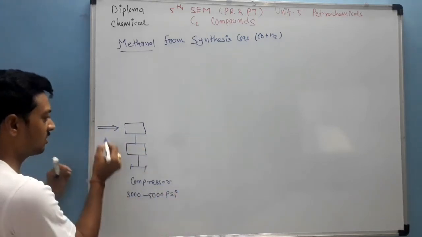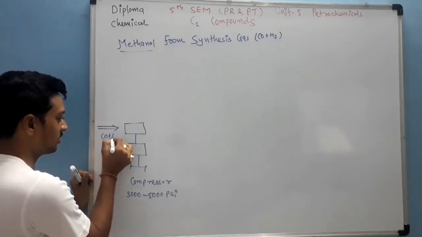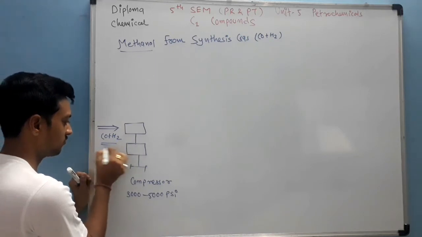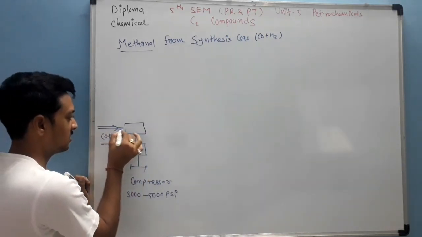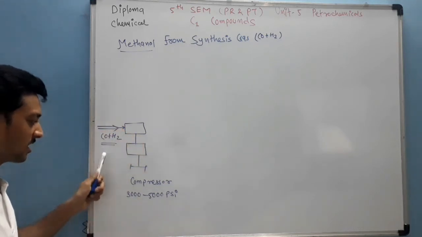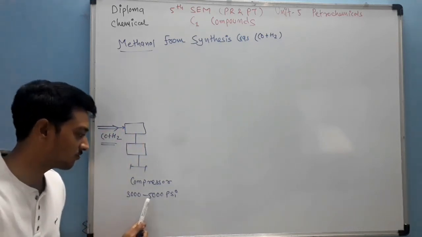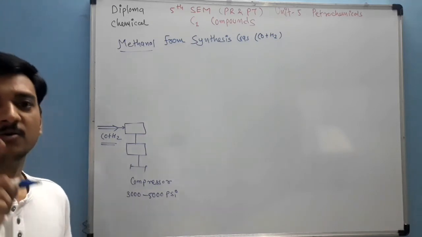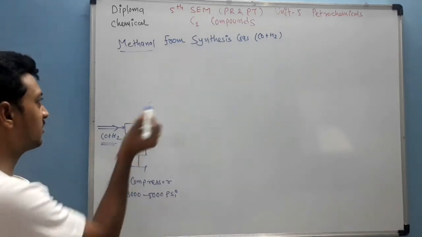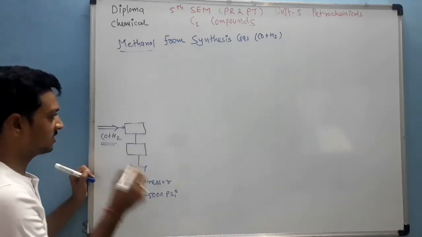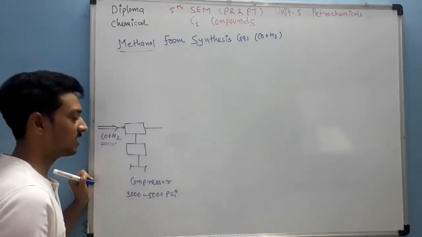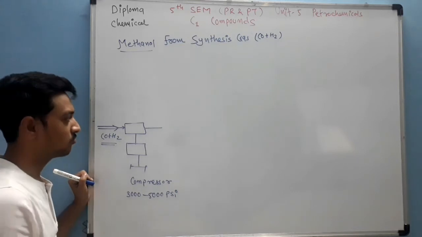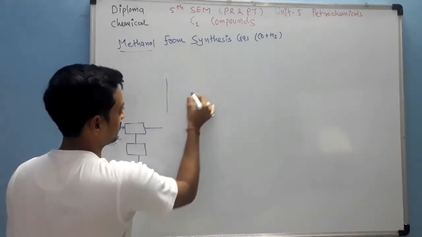What is our raw material? CO plus H2. What is this? Synthesis gas. Synthesis gas is compressed at 3000 to 5000 psi with recycled gas, and then the mixture is sent to a reactor.